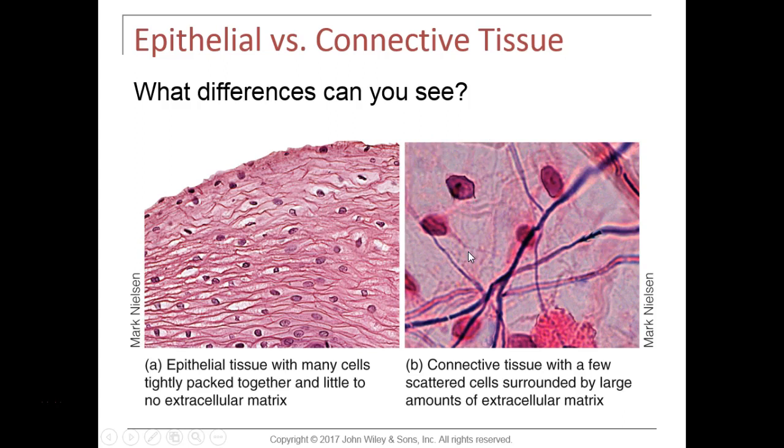It's filled with polysaccharides and proteins and other substances, something called a ground substance, and all of that represents the extracellular matrix. So rarely do cells in connective tissues touch. Although sometimes they do, it's just very rare. It's not as consistent as we see in the epithelial tissue on the left-hand side of the picture.